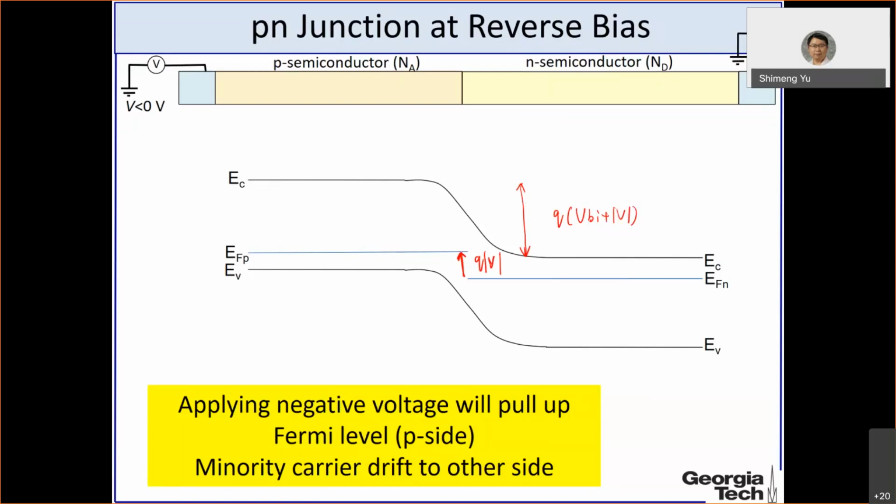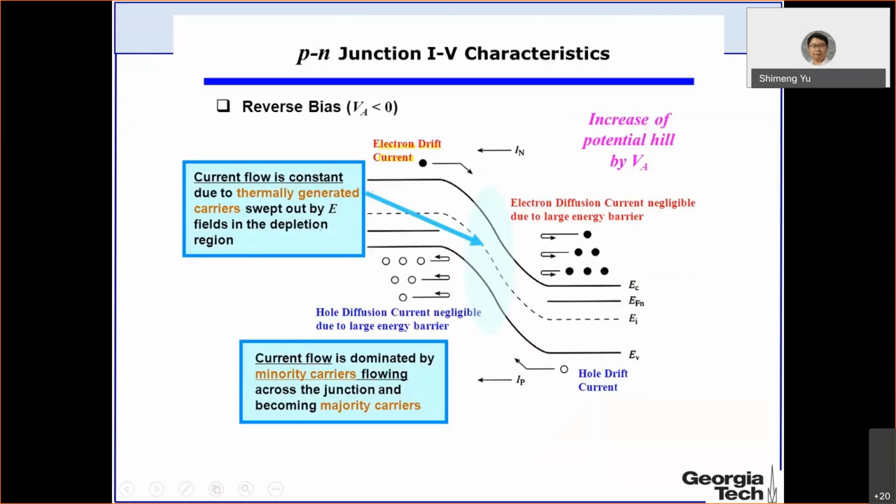Then what will happen to the current? You can look at this schematic again. You still have this kind of distribution of electrons in the N-type, and you have the exponential decay as you go up the energy level.